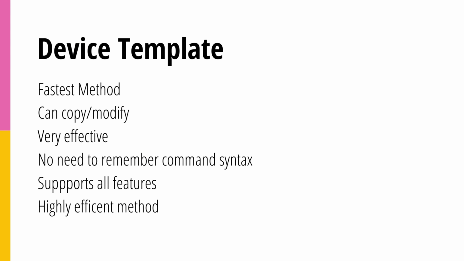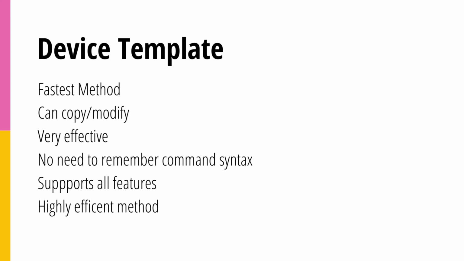The other very prominent method is the device template. In the device template, you get the vManage GUI interface, and on that interface you can just check and uncheck or give values, and you create a complete device template.